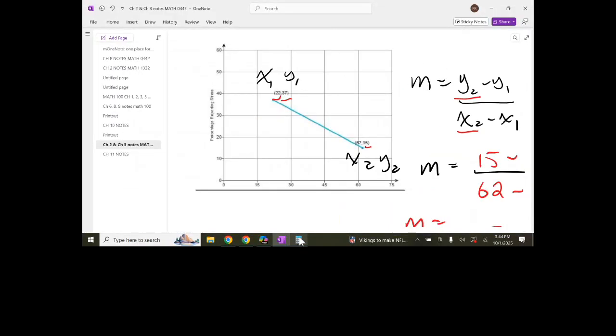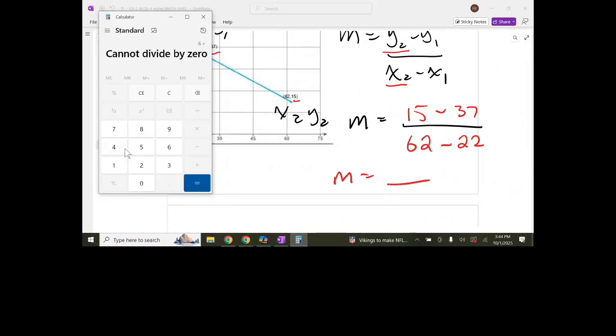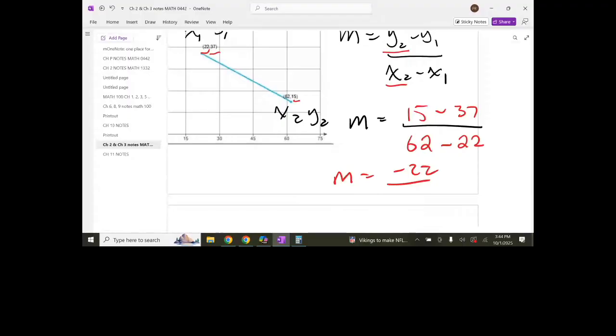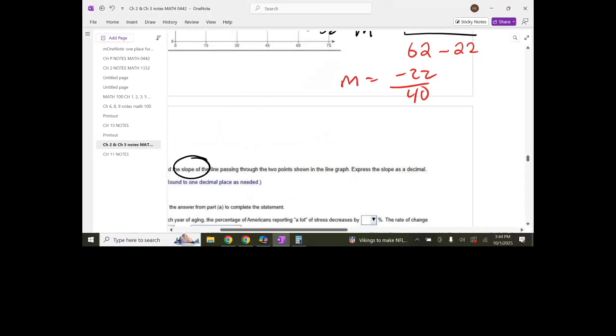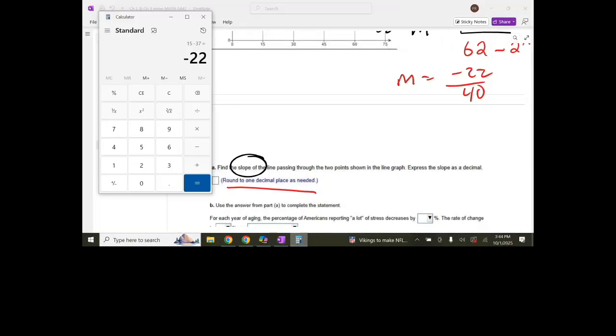So first thing I'm going to do, I'm going to grab my calculator, okay? And I'm going to figure out what's 15 minus 37. Negative 22. Okay. And then 62 minus 22, I don't need a calculator for that. That's 40. Okay. And look, y'all, right here, they want me to round this to 1 decimal place. So I'm going to use my calculator.